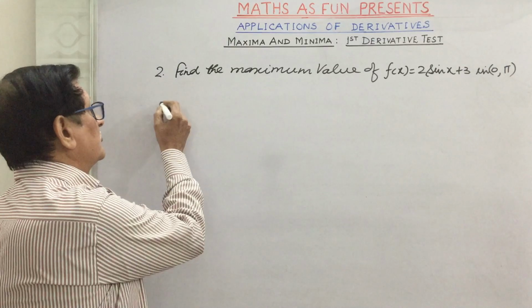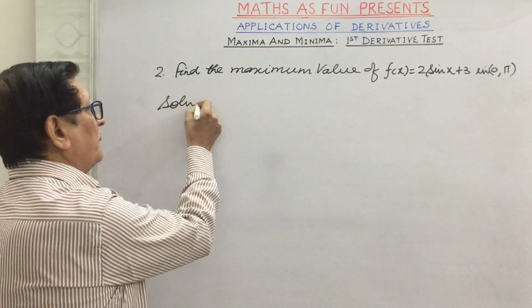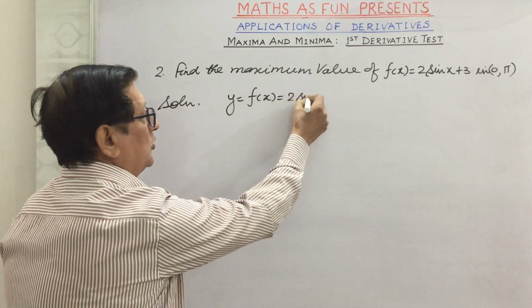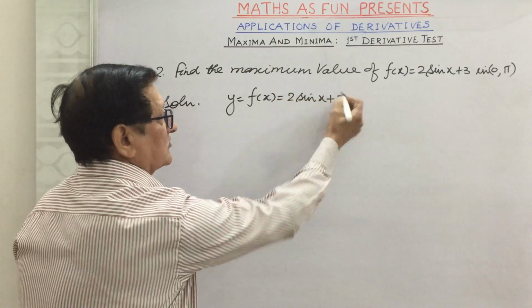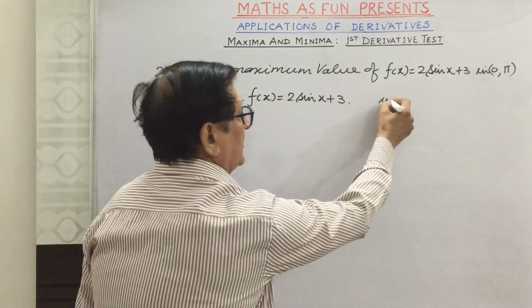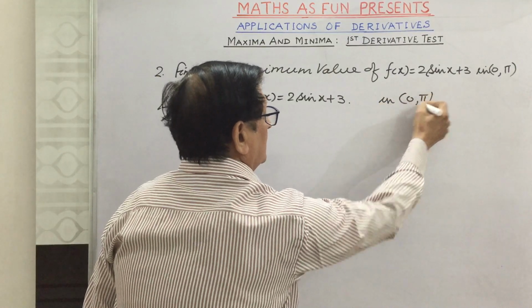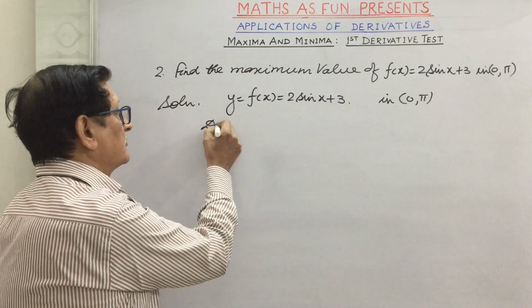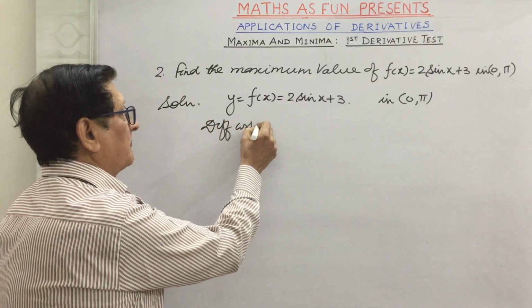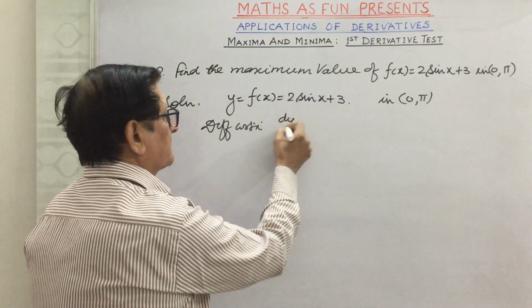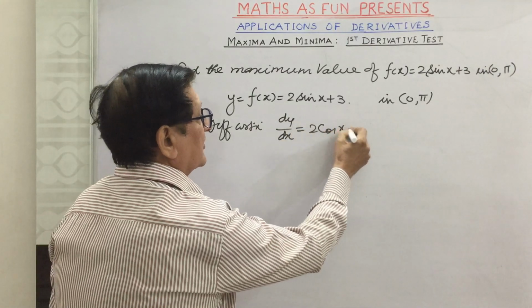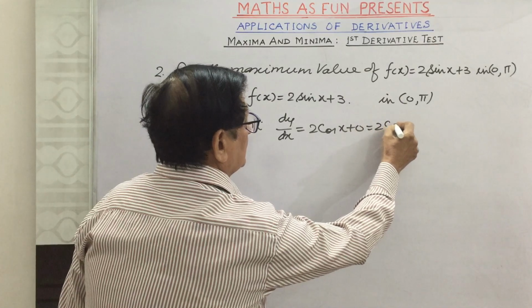And when we find the solution of it, we write the function first of all, y equal to f(x) equal to 2 sin x plus 3, and that too we have to see in the interval 0 to pi. Then for the first step we differentiate with respect to x, and we are getting dy by dx is equal to 2 cos x plus 0, that is 2 cos x.